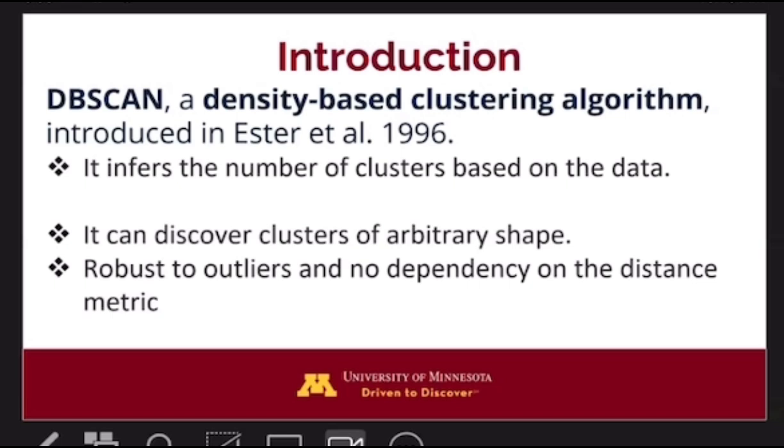That is why I say it can discover clusters of arbitrary shape, is robust to outliers, and has no dependency on a distance metric. If you take a look at K-means, K-medoid, and the like, the result you get depends on the distance metric. You remember the distance metrics, the Euclidean distance, the Manhattan distance, and so on. But this doesn't depend on that.